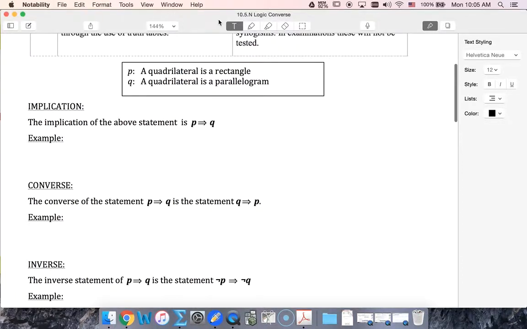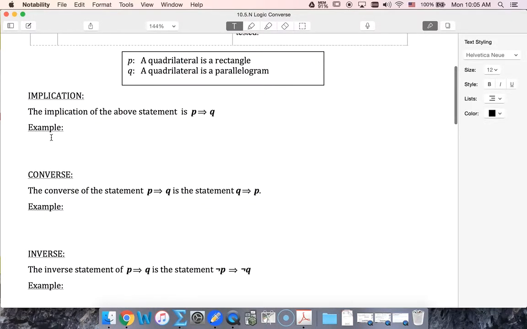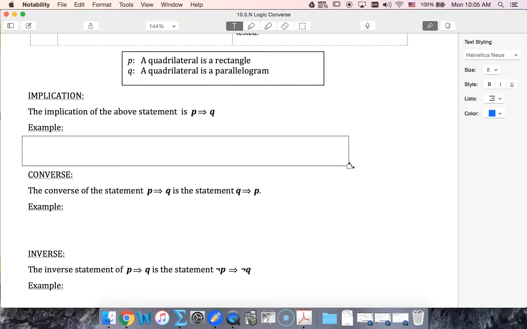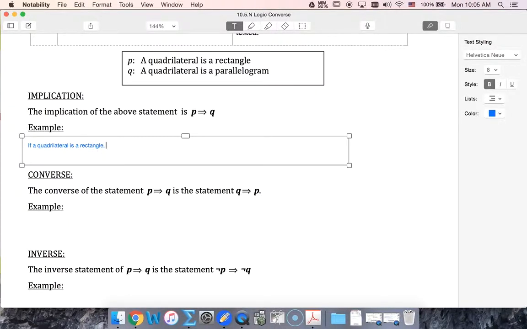So I'm going to type this out. All right, so here, if a quadrilateral is a rectangle, then it is a parallelogram.